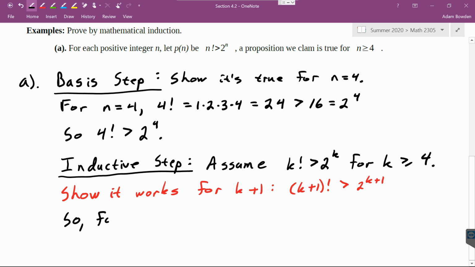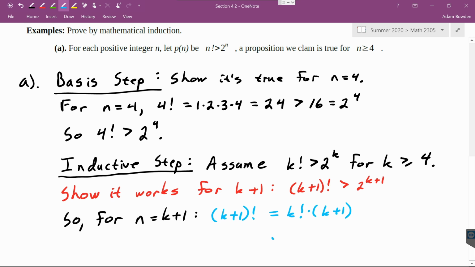So what we'll do here is for n equals k plus 1, we'll have k plus 1 factorial equal to k factorial times k plus 1. We can write it this way since it's multiplied all the way up to k plus 1. So we'll just pull off the k plus 1 and leave k factorial.